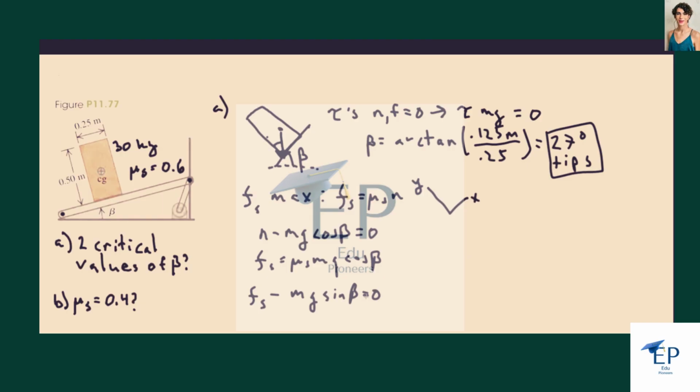Right. And so then, we have two expressions for the friction force, and so a thing minus itself has to equal 0.